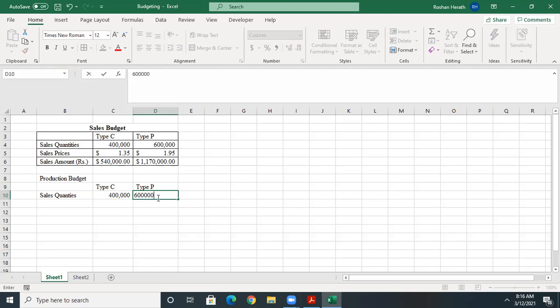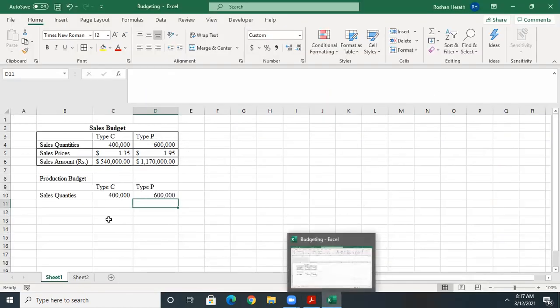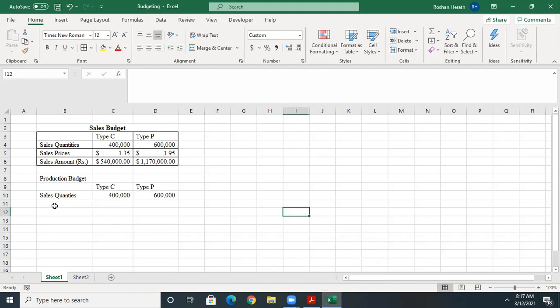When you are going to decide how much to be manufactured, if you have some opening inventories, that will reduce the amount that you would require to produce. Therefore opening inventory must be deducted.